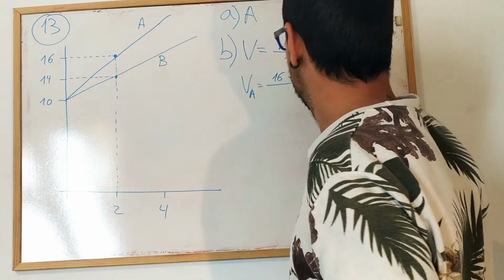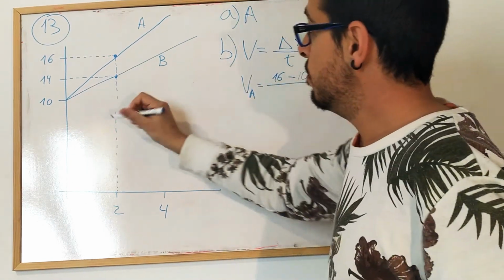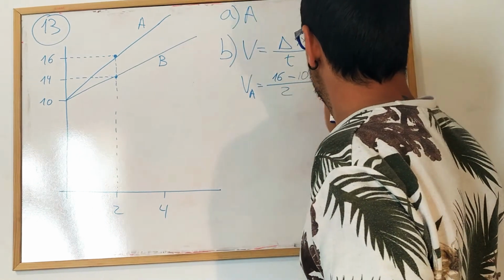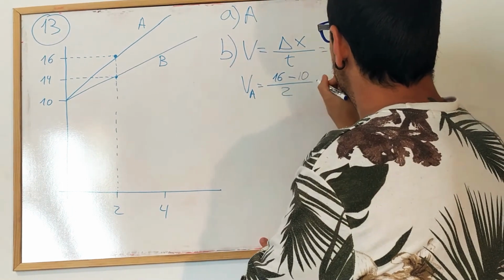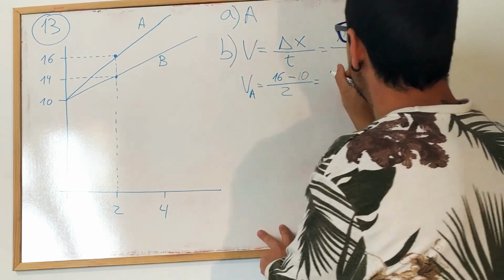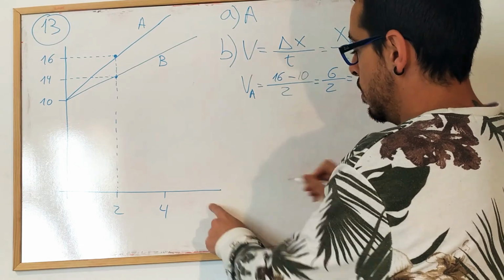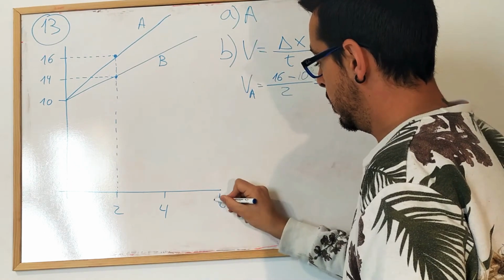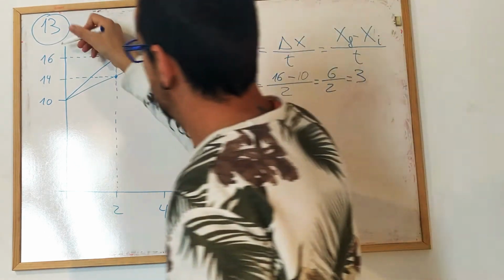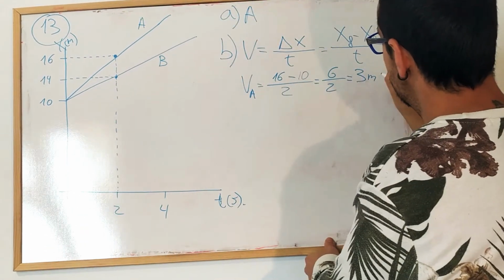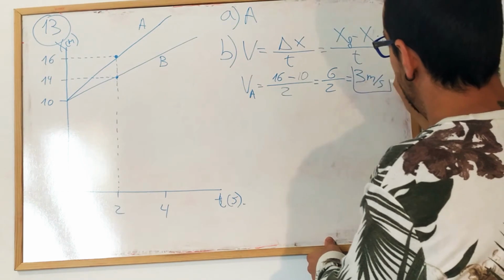So speed in A is going to be final position 16, initial position 10, and the time from here to here is 2 seconds. So 16 minus 10 is 6, divided into 2, which is 3. This is time in seconds, and this is position in meters. 3 meters per second.